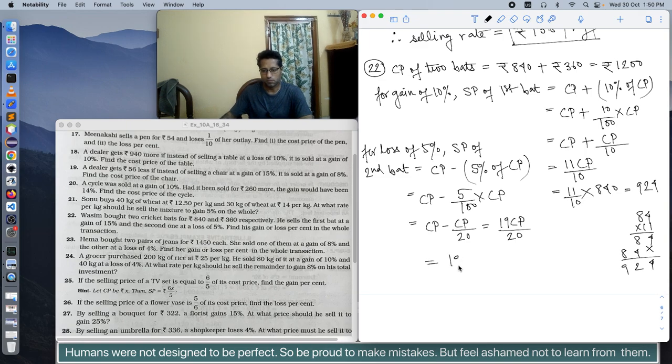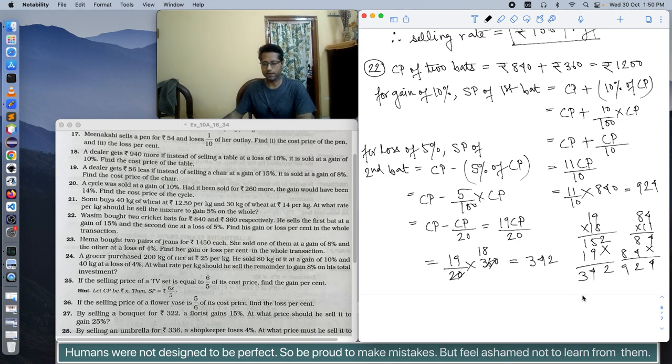This is 19 by 20 multiplied by 360. The 0s cancel out, 2 divides 36 to give 18, and 19 multiplied by 18 is 342. So the selling price of the second bat at a loss of 5% is rupees 342.